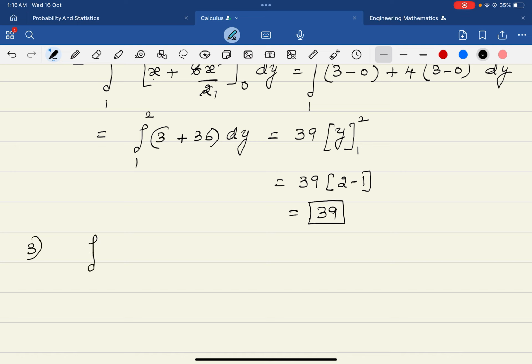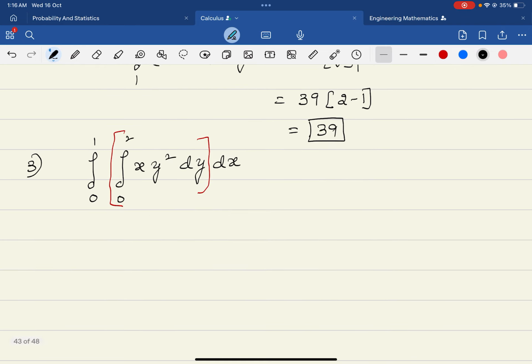Now, for example, you have integral 0 to 1 and integral 0 to 2 of xy square dy dx. Again put the brackets for dy. It is understood that the y limits are from 0 to 2. So now this can be written as integral of 0 to 1. Look at the function here: there is x, there is y square and there is dy.